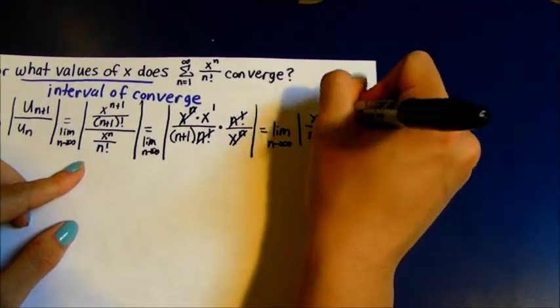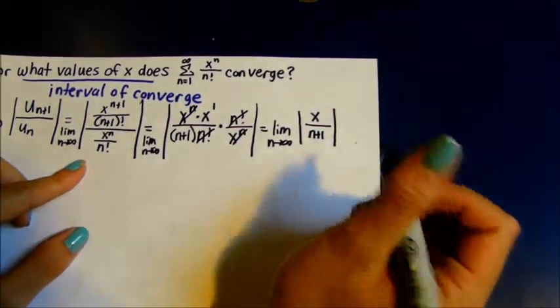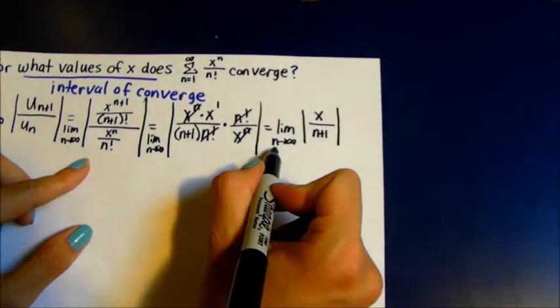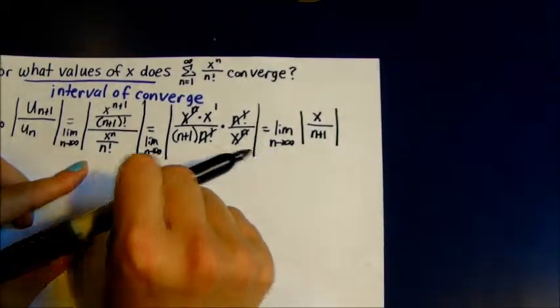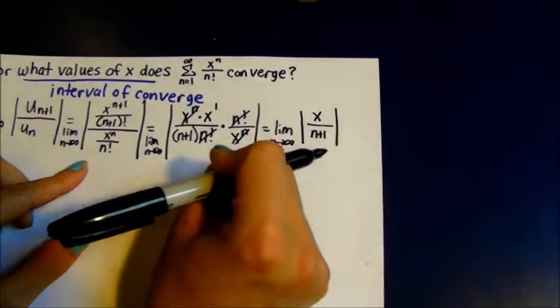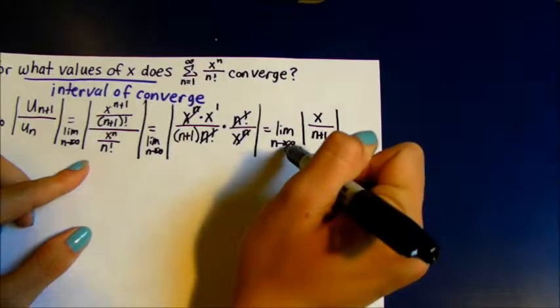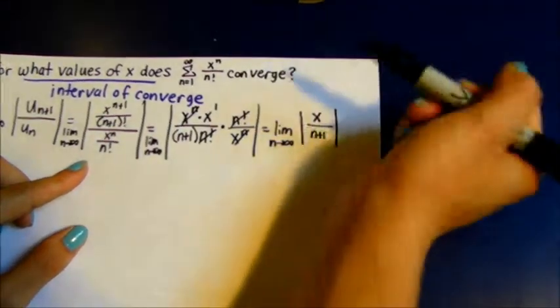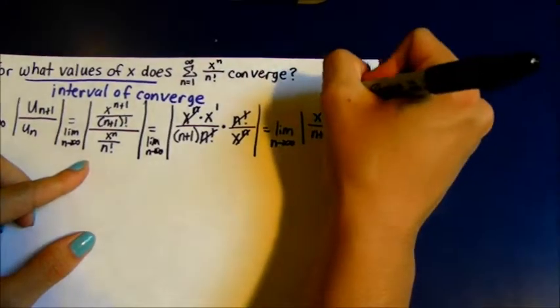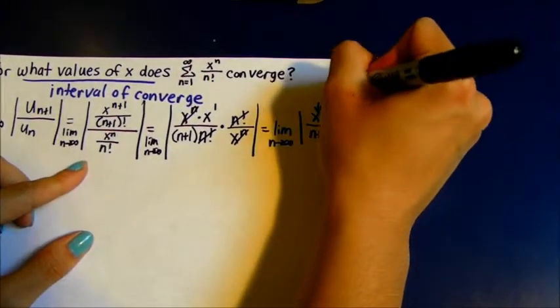Remember that your limit is in n, so whatever n value, you're getting infinitely larger. So when you plug in infinity for n, this x value is just some number.